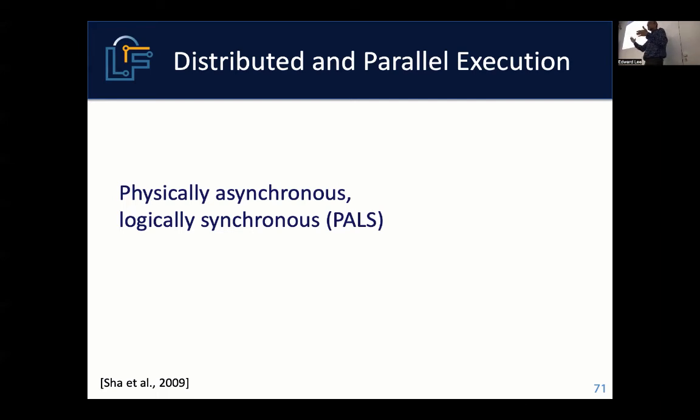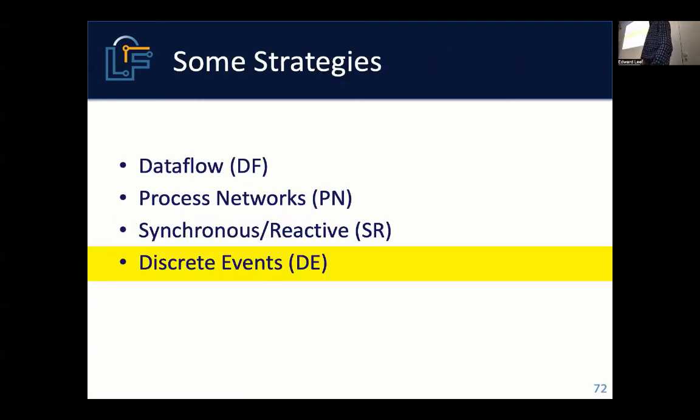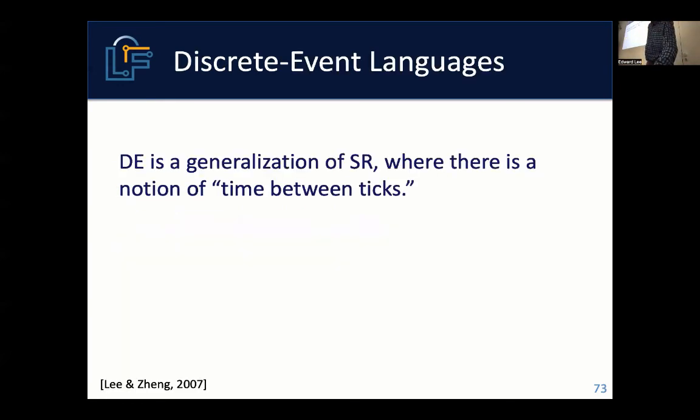Okay, so each time logical time increments, you get a new tick. And in general, we call the model of computation that is that generalization of synchronous reactive a discrete event model of computation. And you can think of it as a generalization of synchronous reactive where there's a notion of time between ticks.